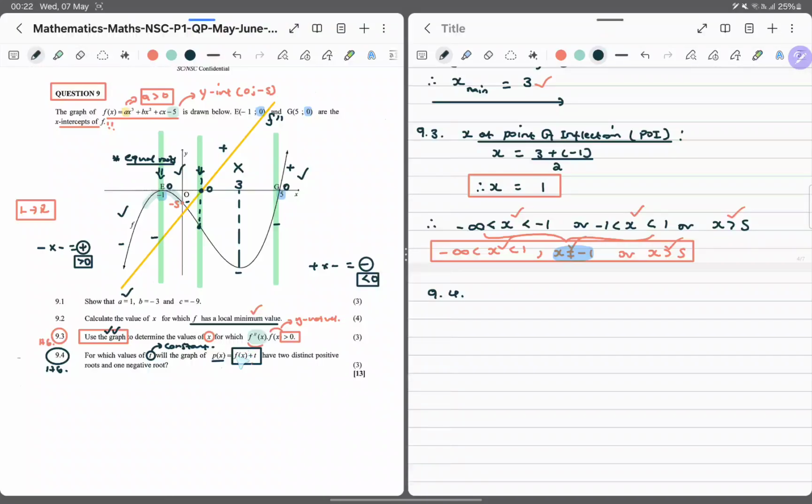So we can see that f of x plus t, t serves the function of a vertical translation. Some people like the word shift. So it becomes a vertical translation of f, basically. Now this one may be up, may be down. We don't know which one.